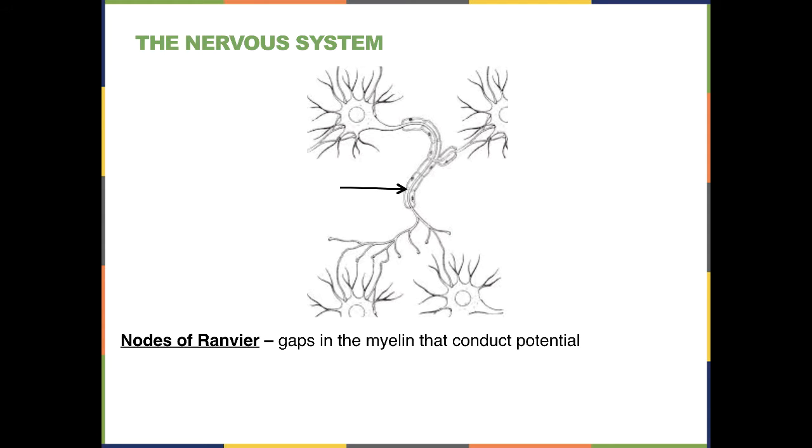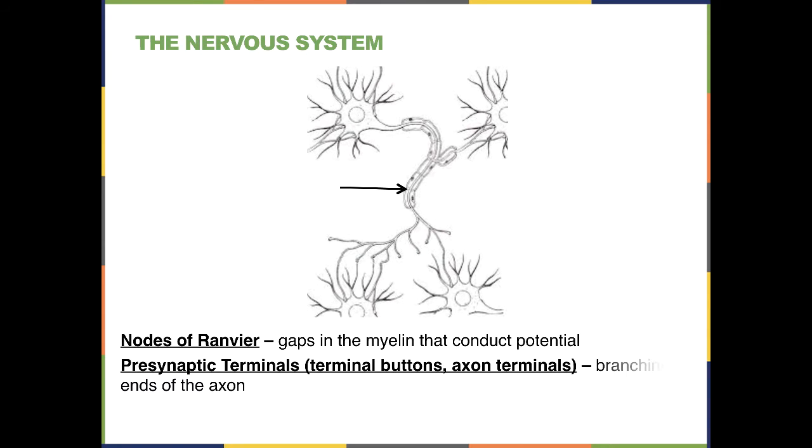And you'll notice that each Schwann cell has a nucleus. And so each section of the myelin represents one Schwann cell that's wrapped itself around the axon. And then in between each Schwann cell are these gaps known as nodes of Ranvier. The presynaptic terminal, also called the terminal button or the axon terminal, these are the branching ends of the axon.